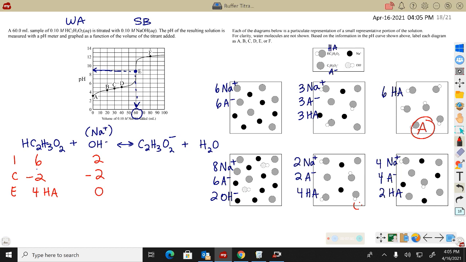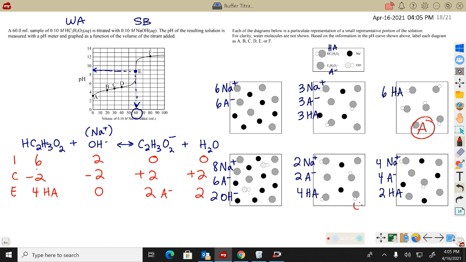Initially, before any reaction, there would not have been anything on the product side. But I'm shifting forward by 2. Oh, so this guy's going up by 2. Now, I called it A minus in my little diagrams. And yeah, we're going to form some water, but they're not showing water molecules.